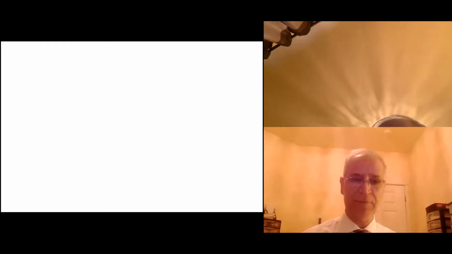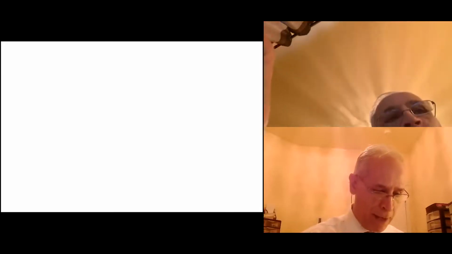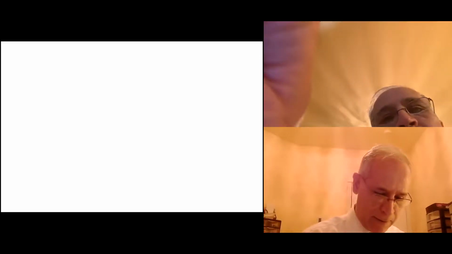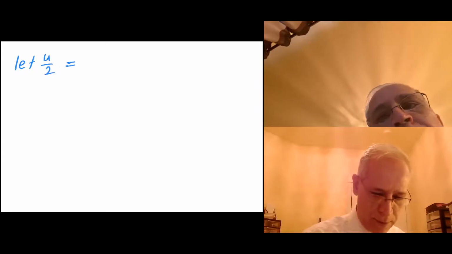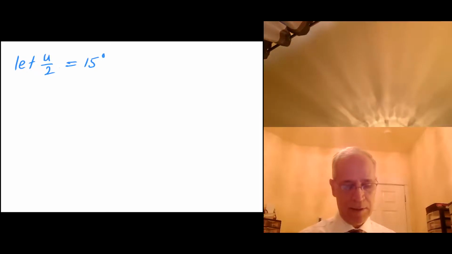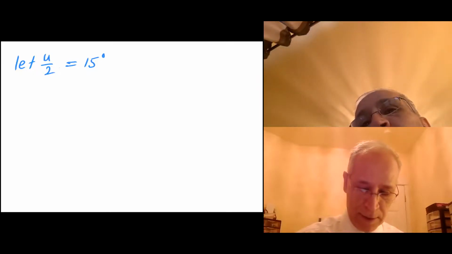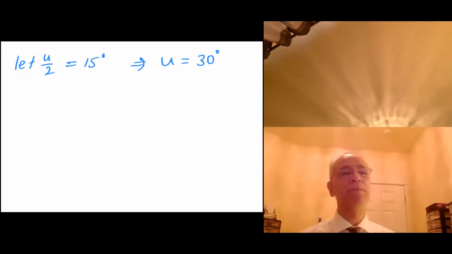And you really don't have to show every step, but I'm going to go ahead and show so you understand the logic better. I'm going to say let U over 2 equal 15 degrees. Okay, if I multiply both sides of this equation by 2, then it implies that U equals 30 degrees.